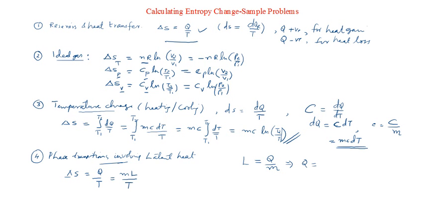So delta S equals M into L by T. Depending on whether it is solid to liquid or liquid to gas, you have to use the latent heat of fusion or the latent heat of vaporization. Usually those data will be provided along with the problem, and the data given will give you a hint regarding how to proceed in solving the problem.